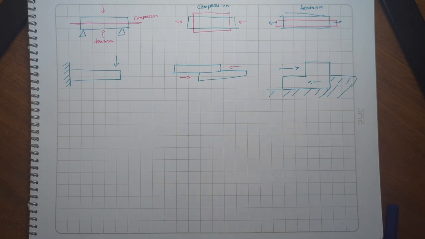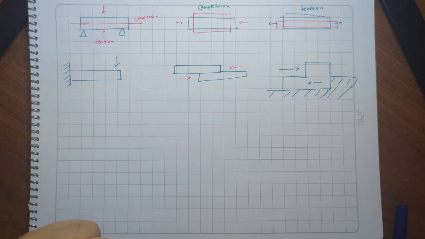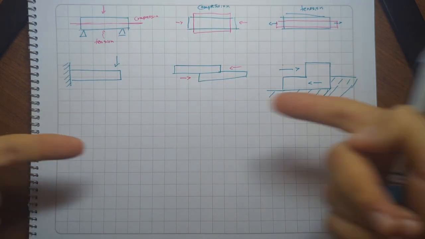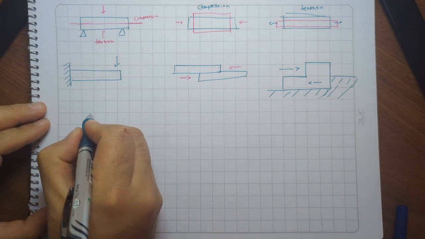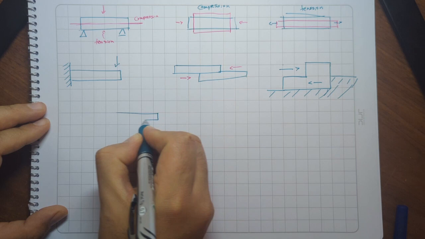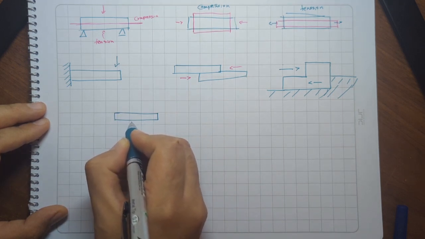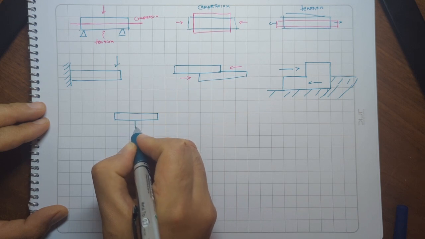Or if there was a bolt in this material, for example, we want to stick two beams together using a bolt. For example, we have one plate and we have another plate.